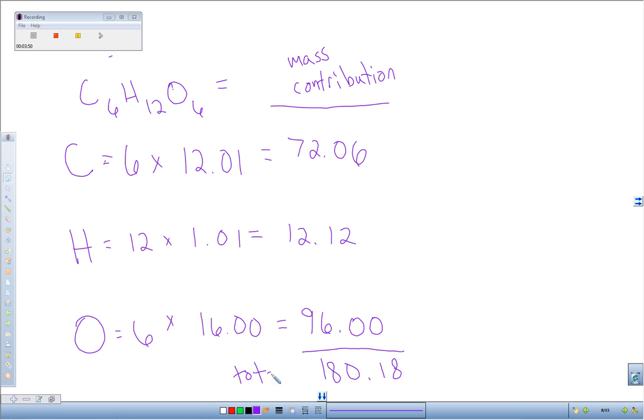Total mass. Can you now tell me the mass percent? You have the mass contribution of carbon, and you have the total. So you just take 72 and divide it by the total times 100.